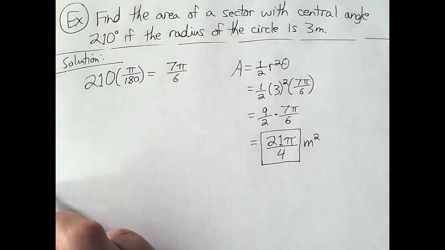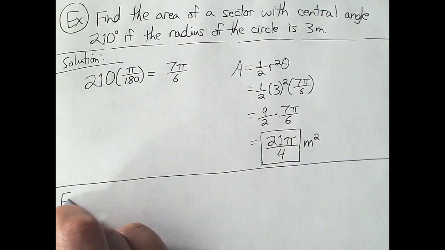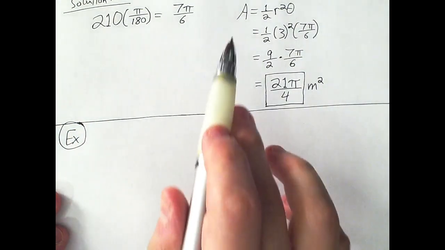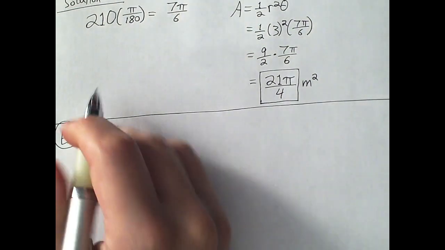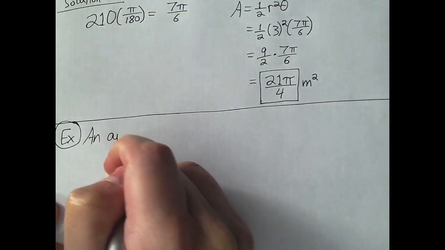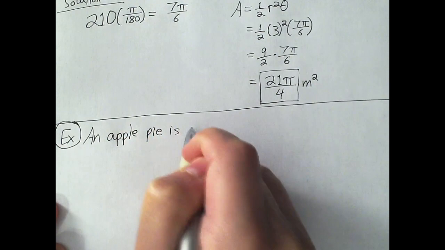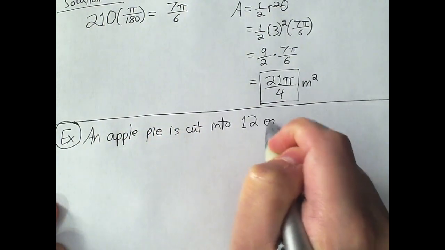All right, I'm going to give you a problem to try. You know how I said that a sector of a circle is kind of like a slice of pizza? It's not a triangle because it has a curved edge. So this problem is going to say an apple pie is cut into 12 equal slices.